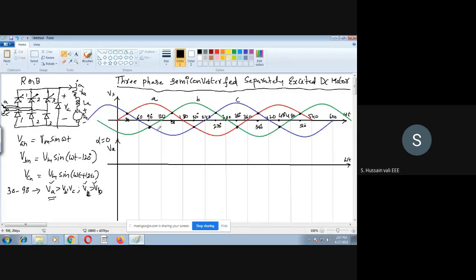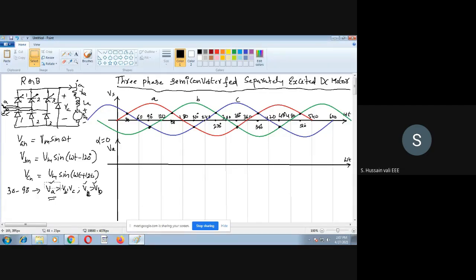Okay. Just see yourself that between 30 to 90, just check between 30 to 90, what you will find out is that one thing you will understand, VA is greater than both VB and VC. I will write this better than writing like this.